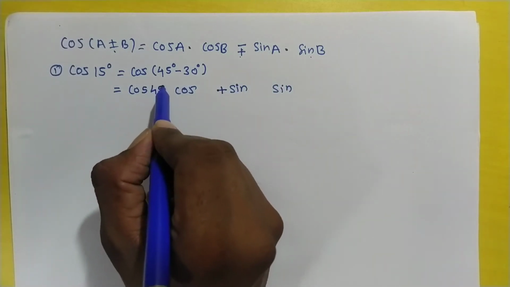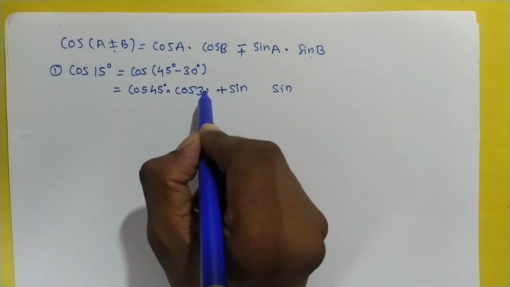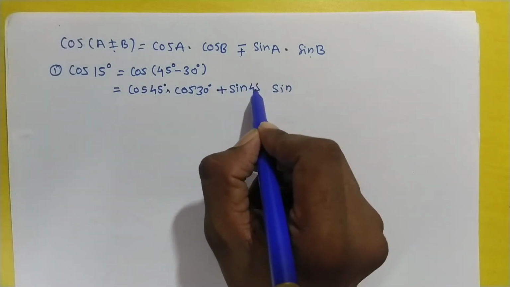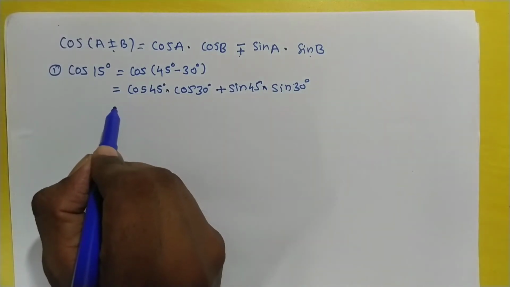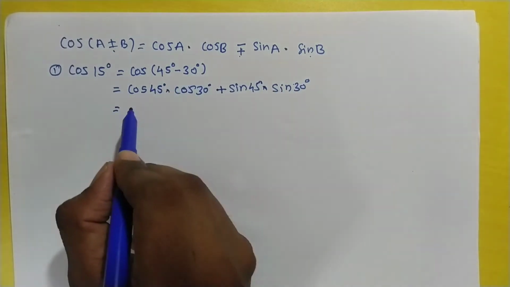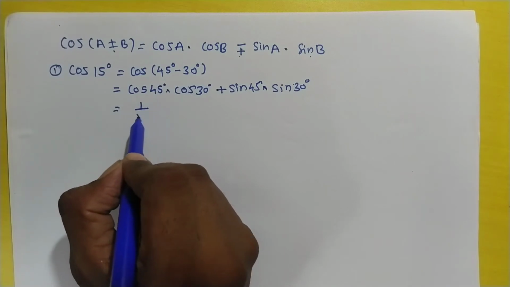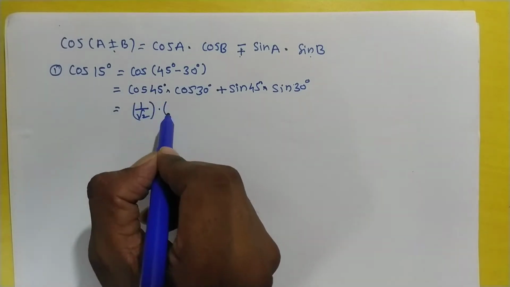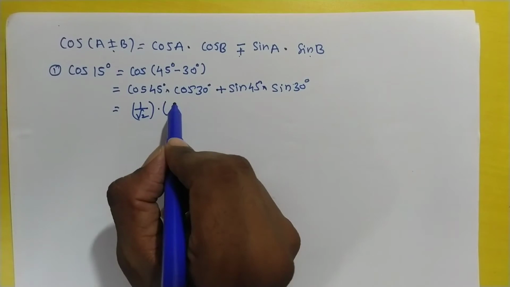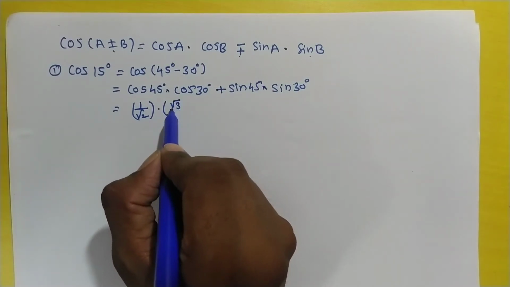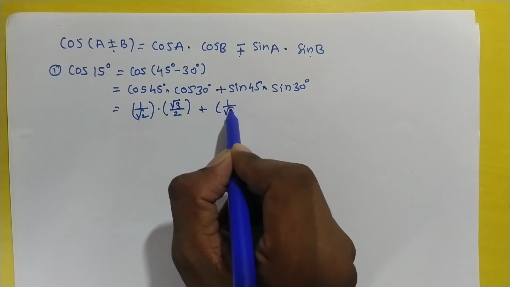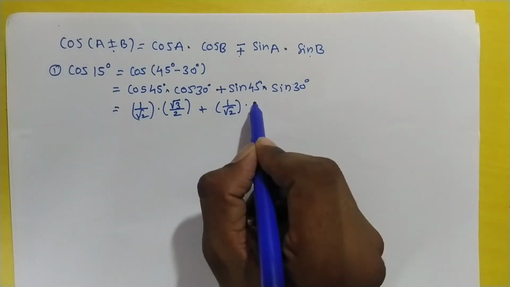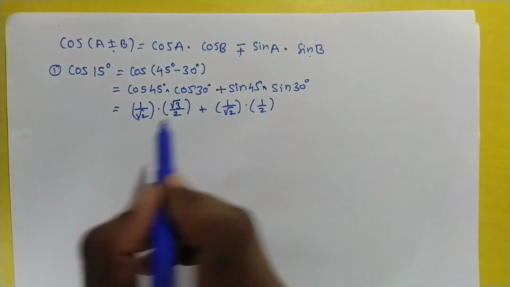First angle 45 degrees, then second angle 30 degrees. We know the principal table values: cos of 45 is 1 upon root 2, cos of 30 degrees root 3 by 2, sine of 45 is 1 upon root 2, sine of 30 degrees 1 by 2.